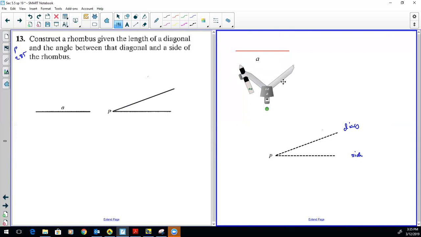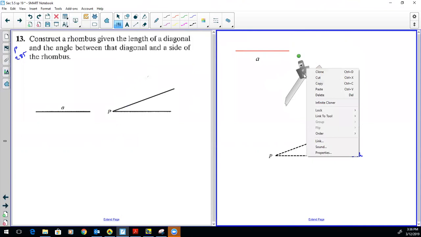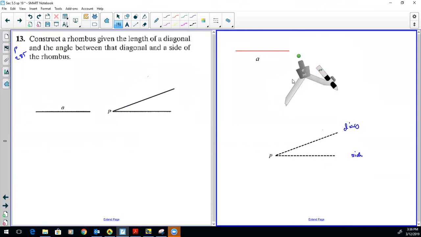So first thing is to translate this distance down here. So I set my compass to measure that length. And that's pretty close. Okay, put the pointy end, come on, the pointy end on the vertex, and this distance is my diagonal.